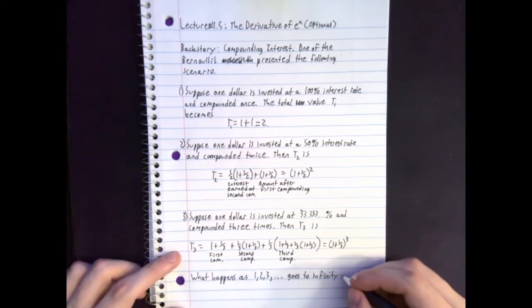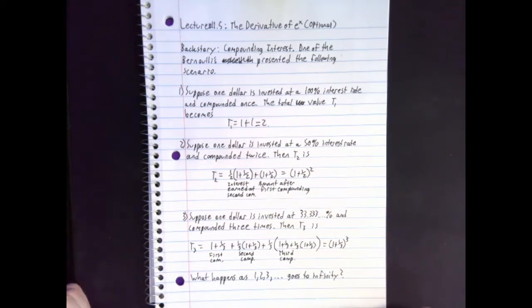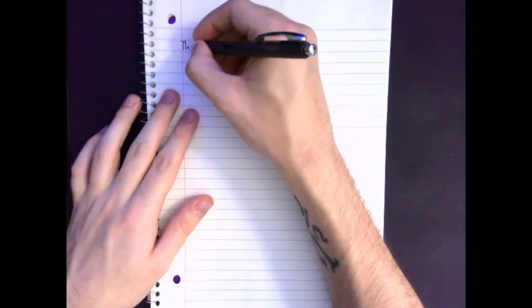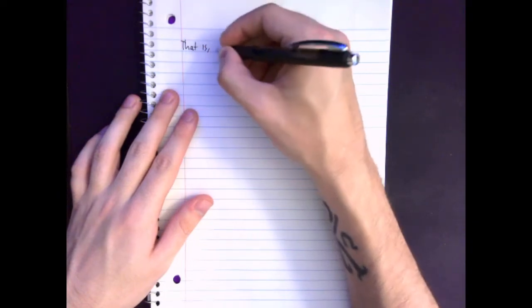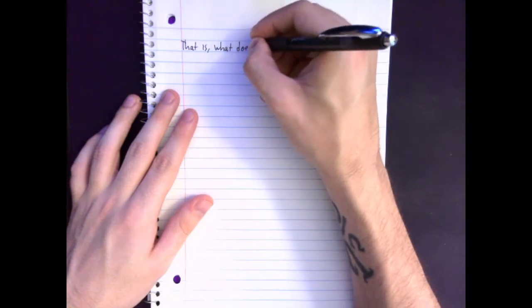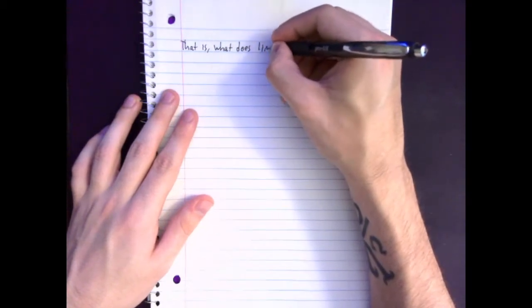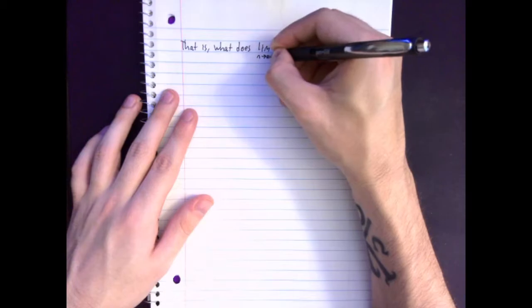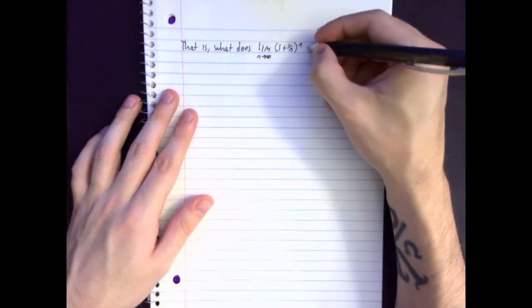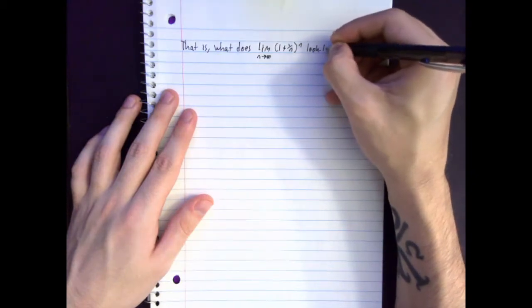What happens as this goes to infinity? Well, we can express this as a limit. Let's go ahead and do that. What does the limit as n tends to infinity of (1 + 1/n) to the power of n look like? If it looks like anything at all.